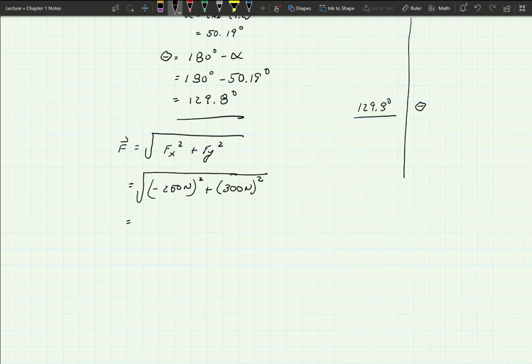And when you're done, you're going to get 390.5 newtons, or in three significant figures, 391. Okay, and that's an answer.